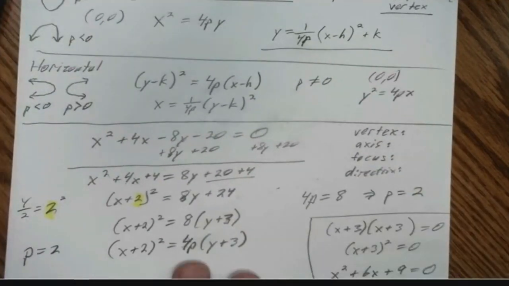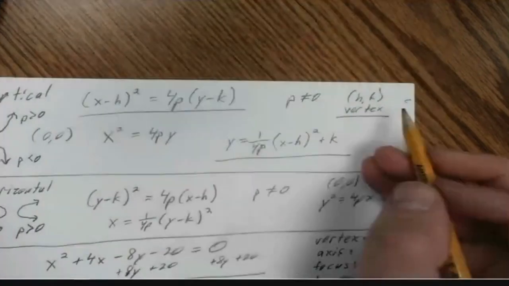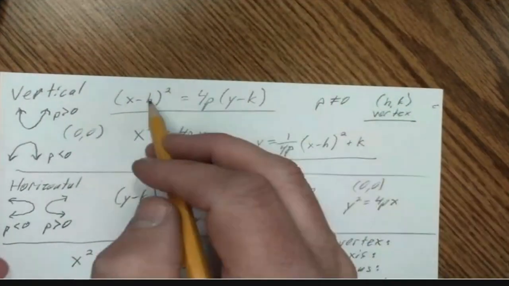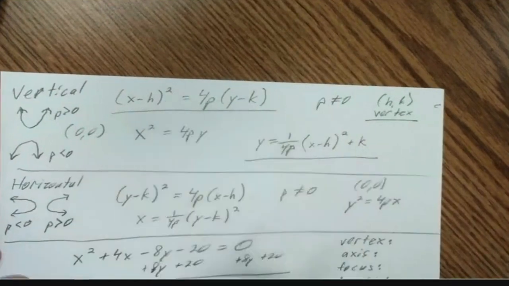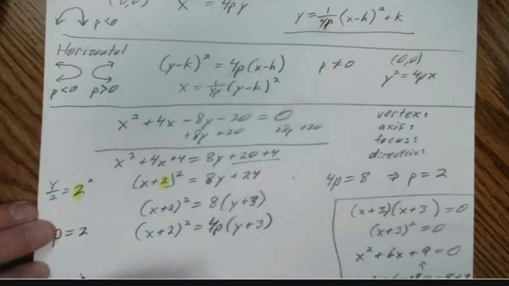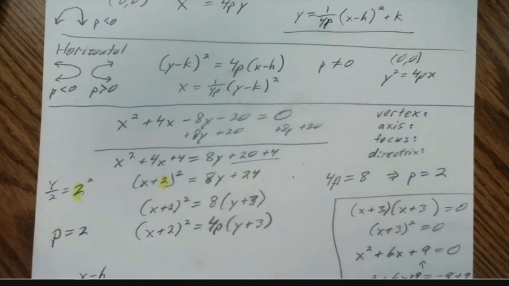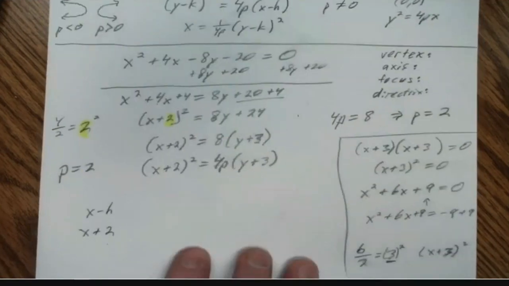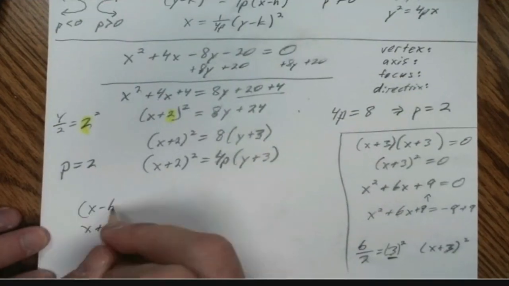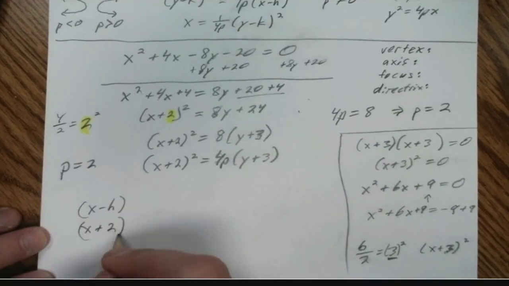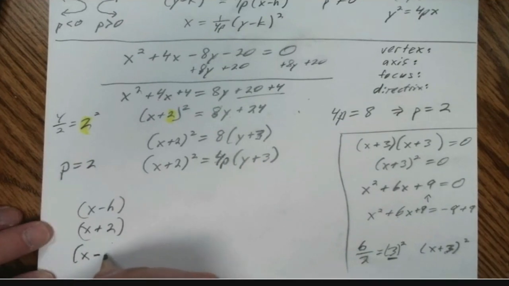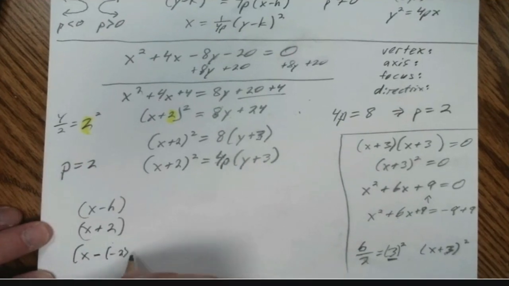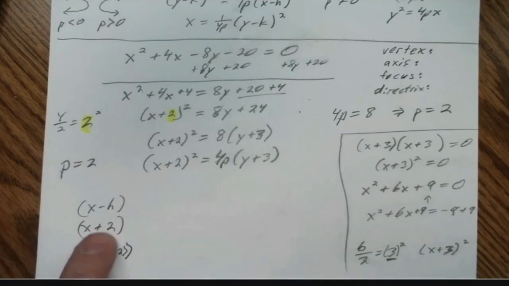Absolutely. We know the vertex is the h, k. If it's supposed to be x minus h, and our equation is x plus 2, h must be negative 2, because that's the only way we can have x plus 2 is if we subtract a negative.